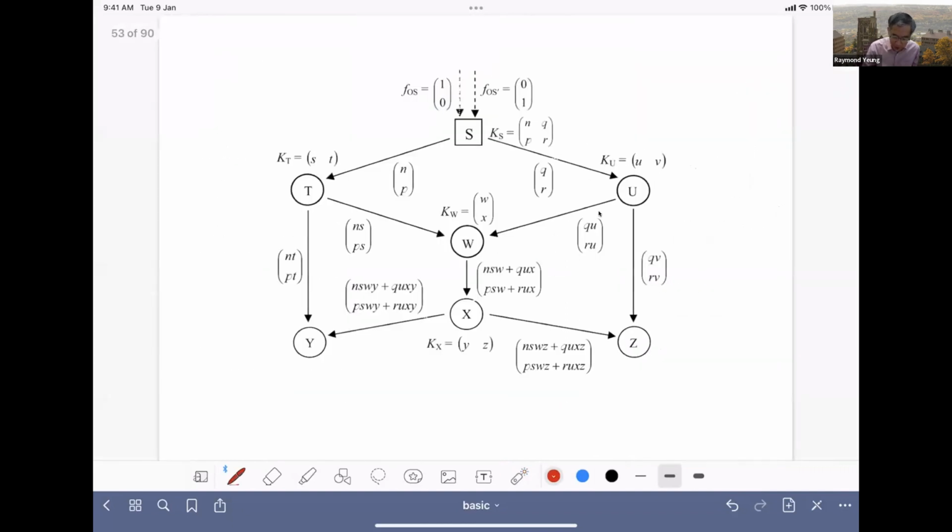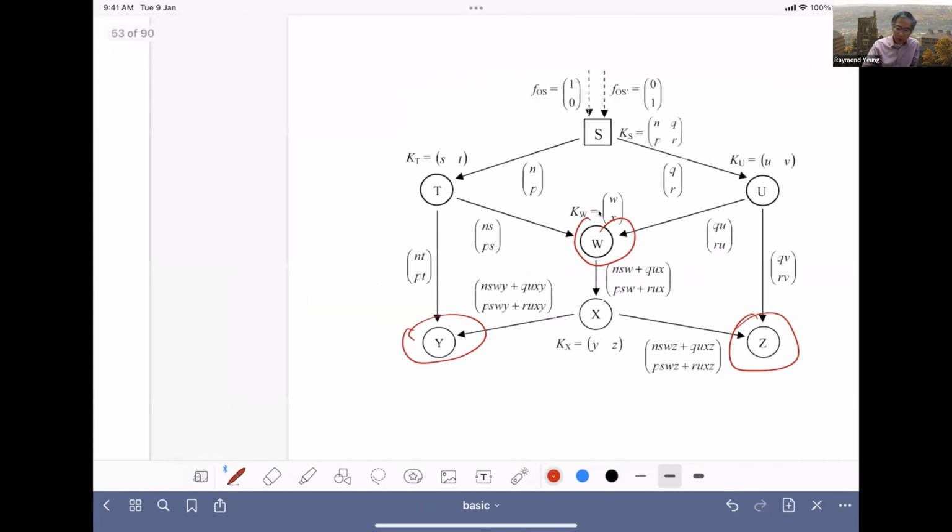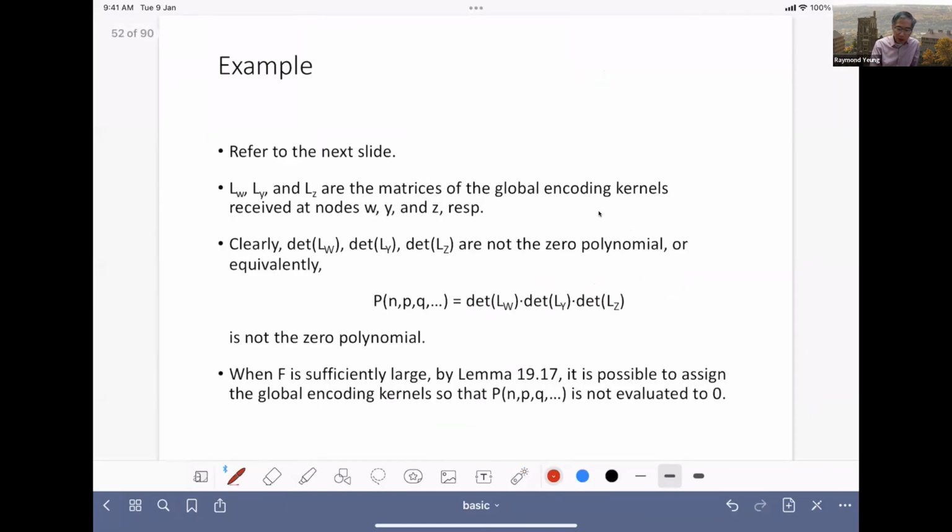Okay, so we are focusing on these three nodes, W, Y, and Z. We let L_W, L_Y, and L_Z be the matrices of the global encoding kernels received at nodes W, Y, and Z, respectively.